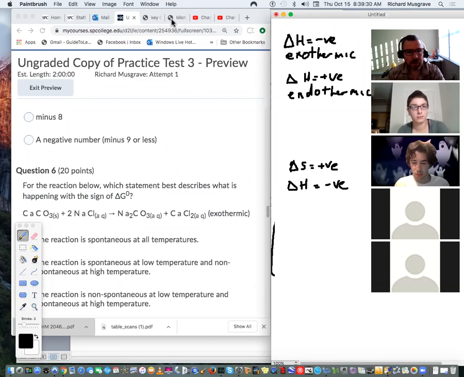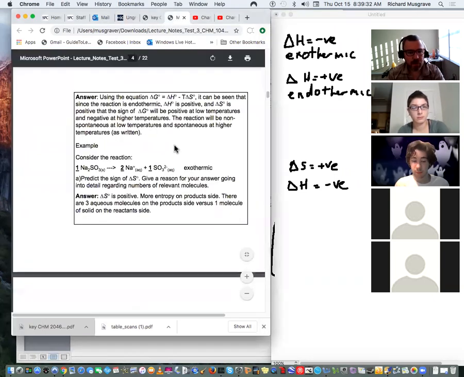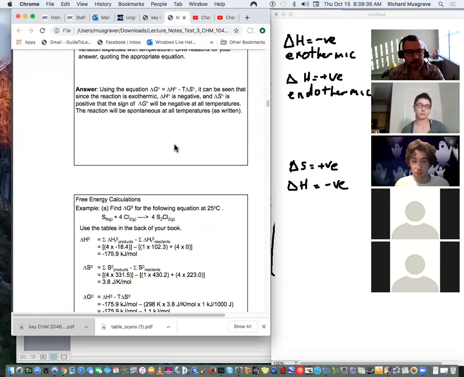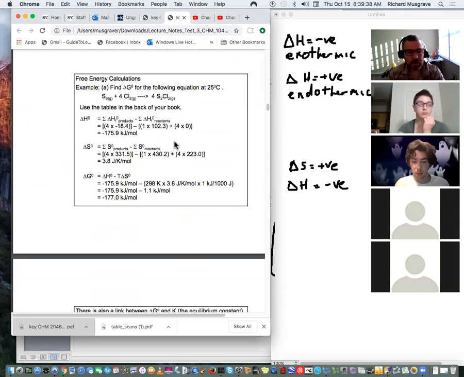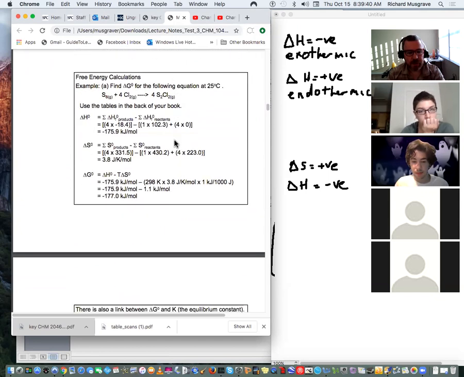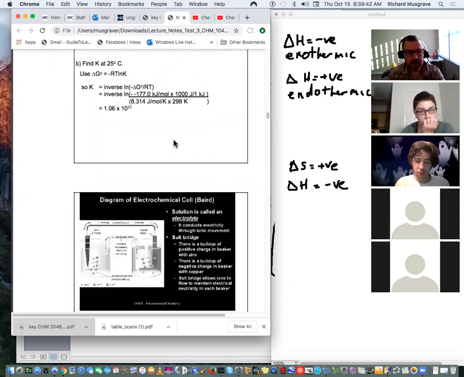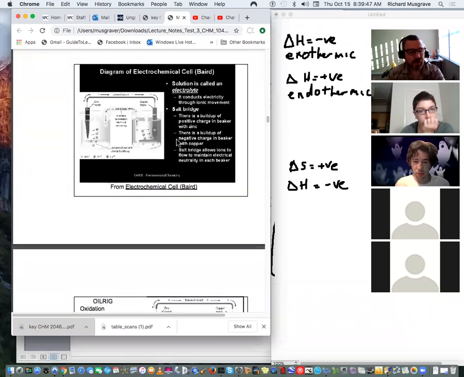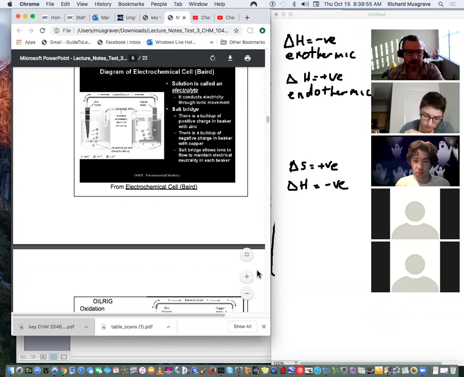Let's go back to where we were at here. Okay. So we've already talked about the free energy calculations. Did that the other day. I'm going to do a somewhat short introduction into electrochemical cells and what we're dealing with there.